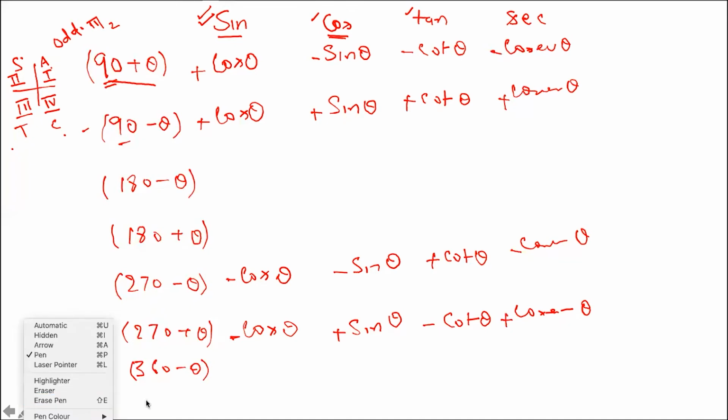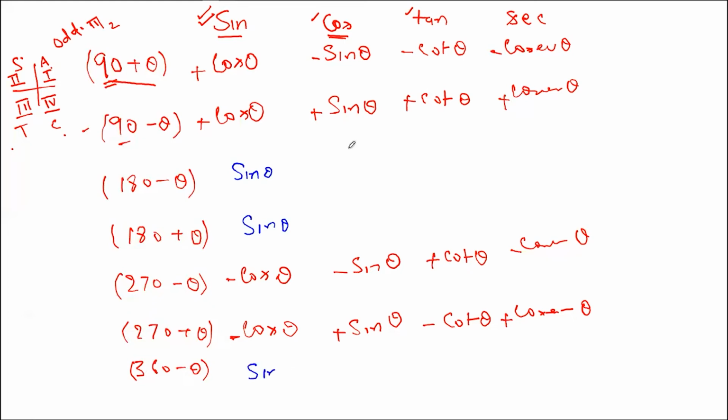Now, if we are going for all the other parts, 180 plus theta, this will be sine theta only. This will be sine theta only, but we have to see the sign of this, whether it will be positive or negative. This will be cos theta only.